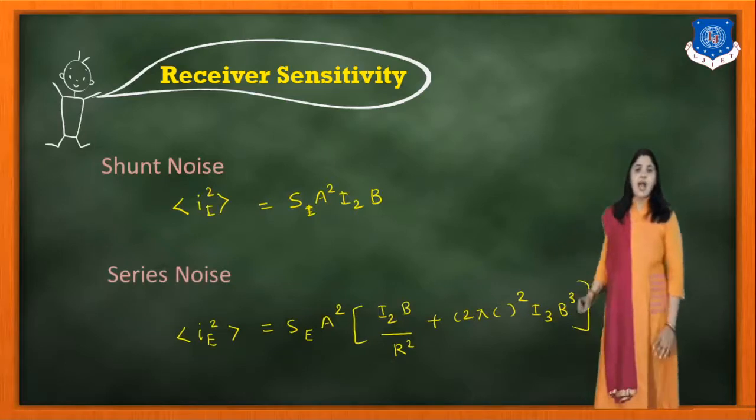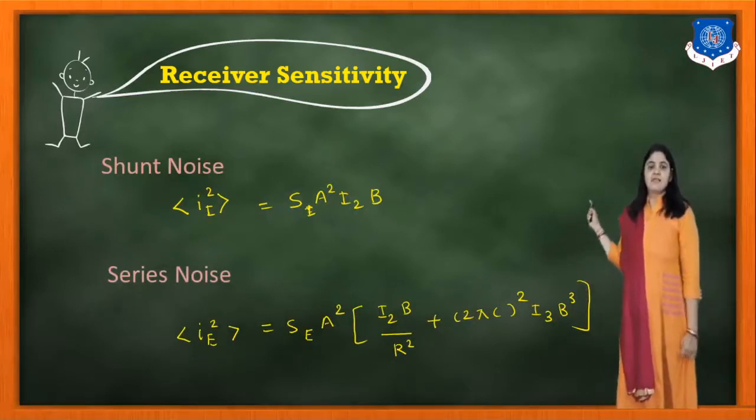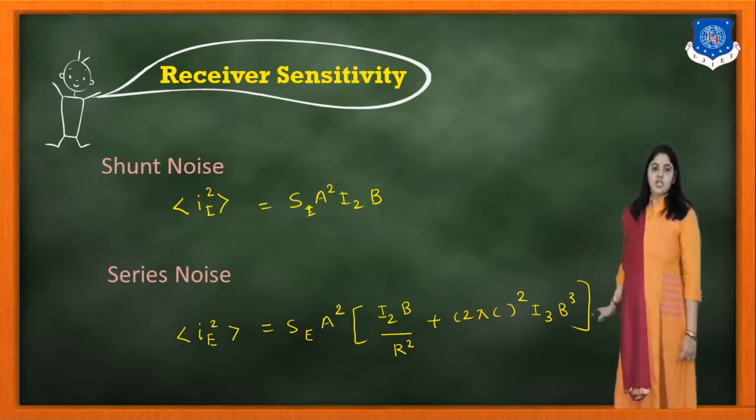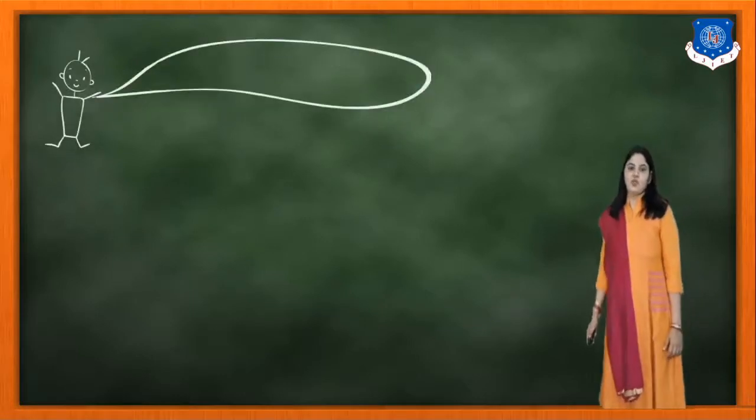Shunt noise is IT², it is SI A² I2B, and series noise IE² is equal to SE A² I2B upon R² plus 2πC² I3 into B³.